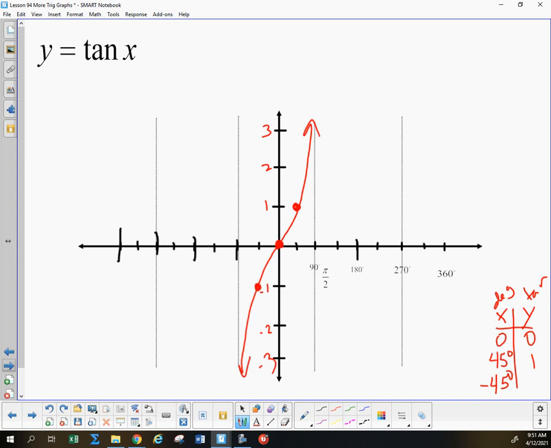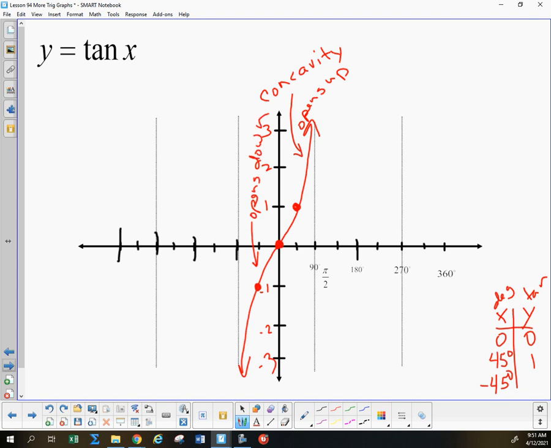Notice the concavity here. This side opens up, but this side opens down.